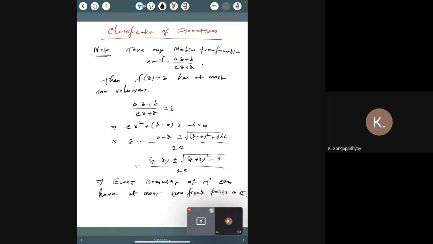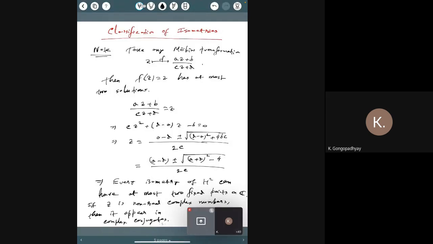And if z is a non-real complex number, then the roots appear in complex conjugates.